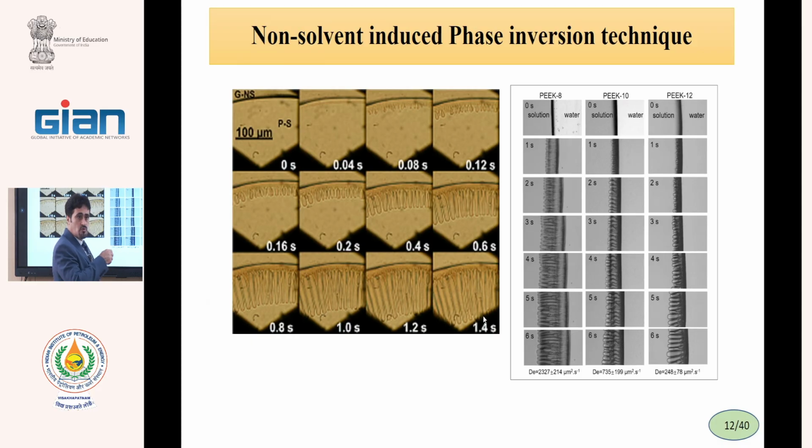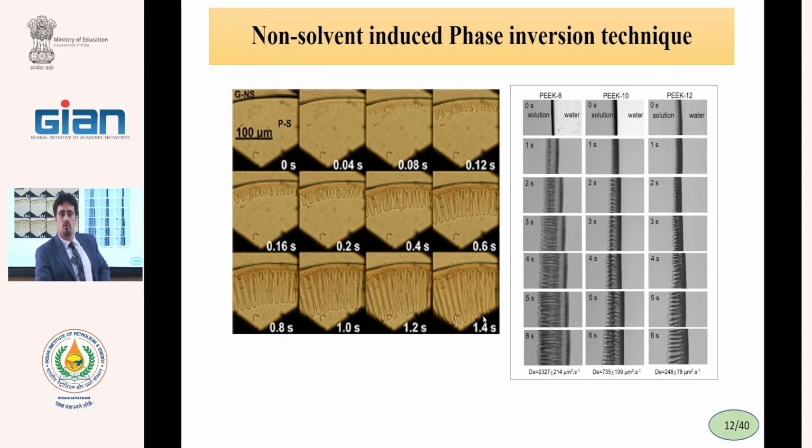Here is water solution. When the water and polymer solution are contacted together, the water begins to diffuse in the polymer solution, and in diffusing, produces the pores. You see the path of the diffusing, and this diffusing produces these finger-like pores. And the diffusing rate, our exchange rate, is important.